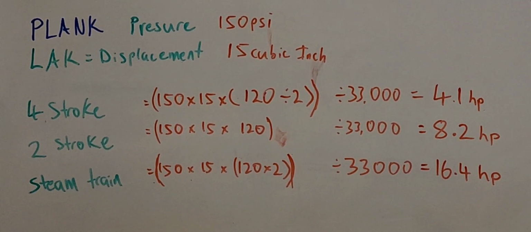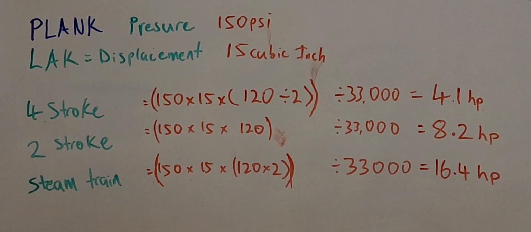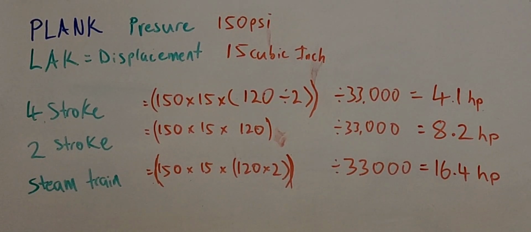So when we break this down and apply it to our theoretical engines, I've simply come up with a very simple one, which is 150 psi working over a 15 cubic inch engine, which works out to be just under 250 cc's.